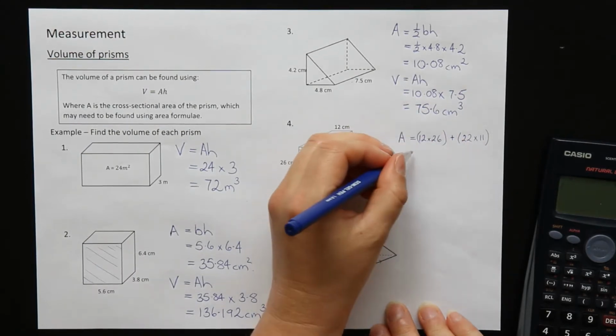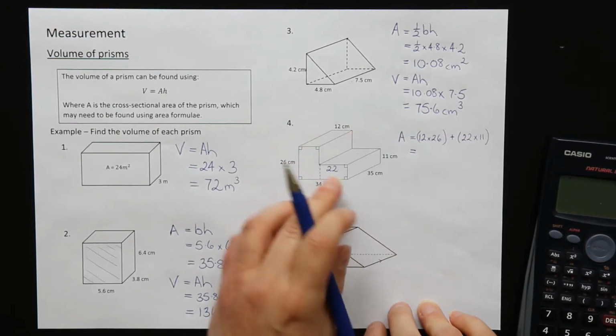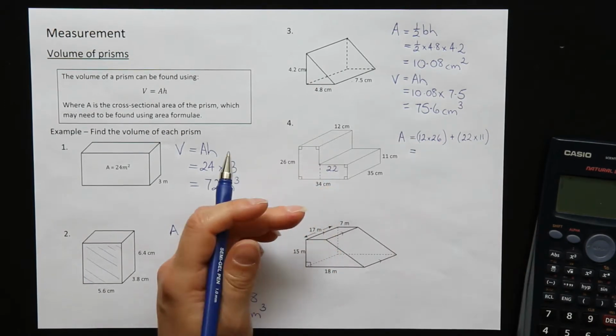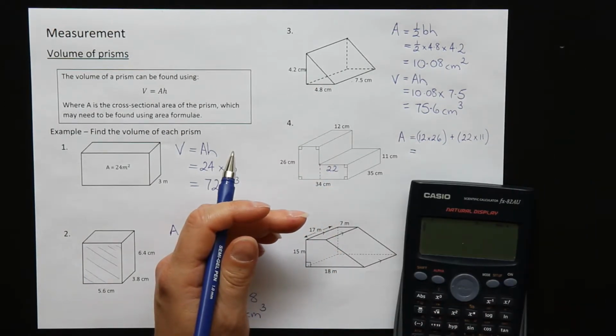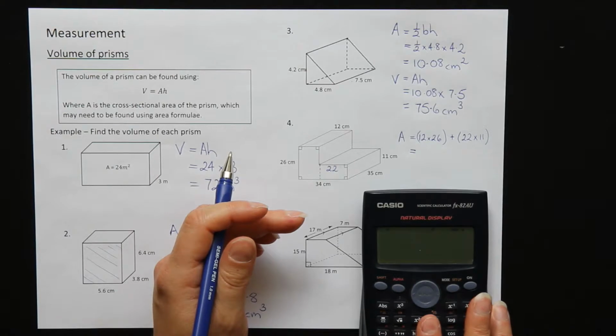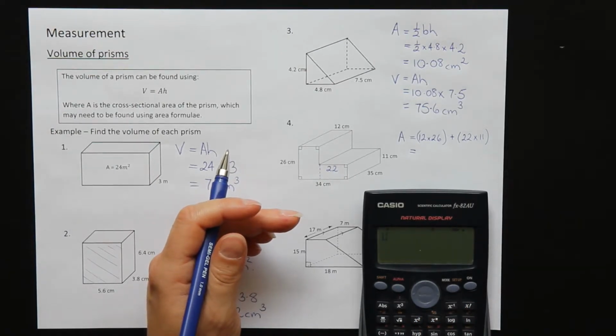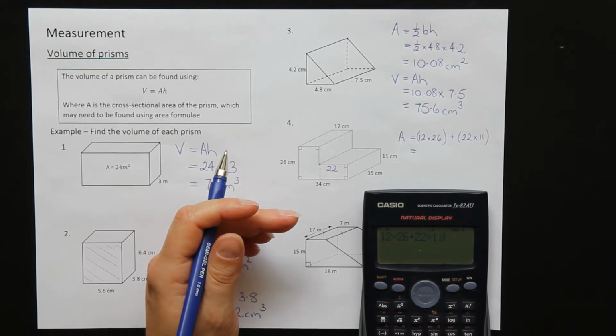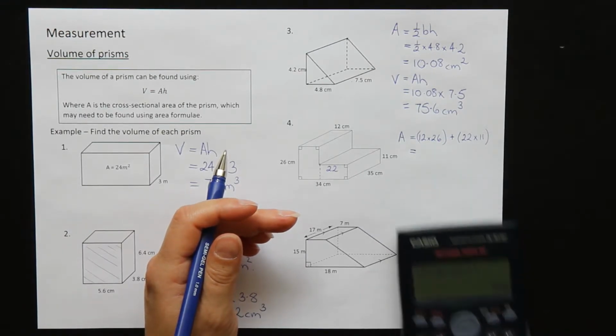I'm just using the brackets to show you the 2 different rectangles. You don't actually need to type those in on your calculator when you're calculating. So I can just go 12 times 26 plus 22 times 11 equals 554.